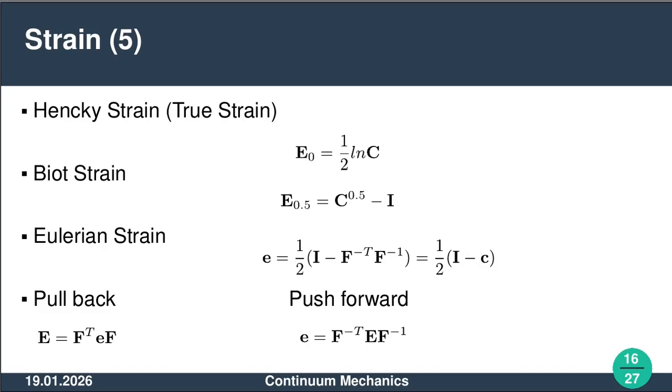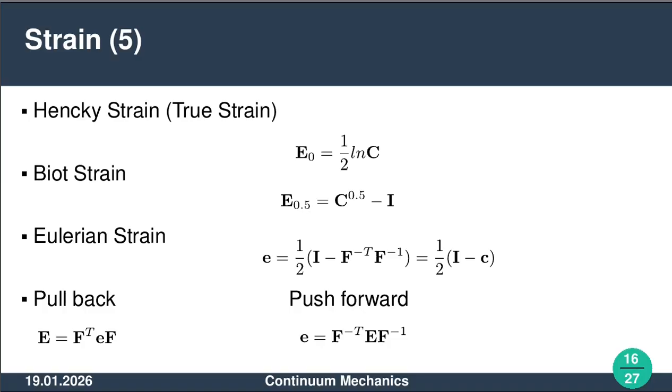And lastly, but not exclusively, the Eulerian strain, the counterpart of the Lagrangian strain in the spatial configuration, small e equal to 1/2 open bracket identity minus transpose of the inverse of f, the deformation tensor, times inverse of f, close bracket. It's also equal to 1/2 open bracket identity minus small c, close bracket.